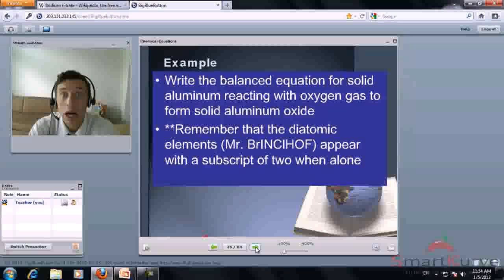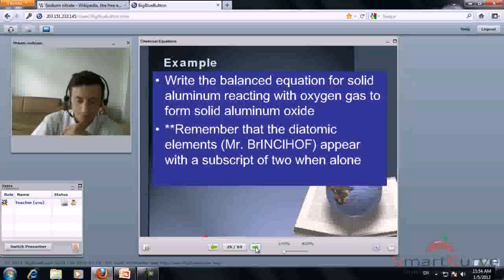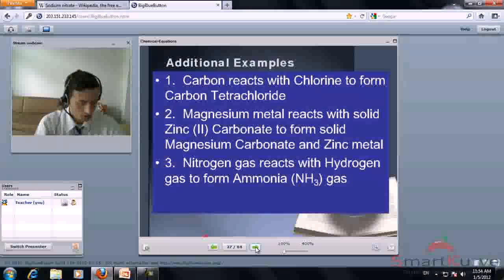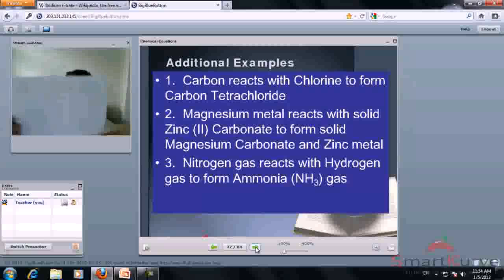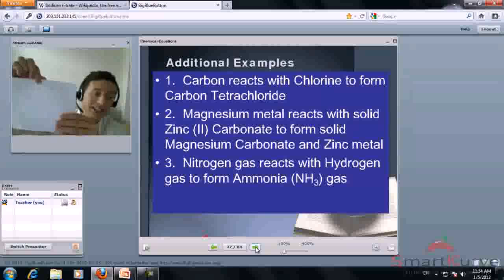Br for bromine, I for iodine, N for nitrogen, Cl for chlorine, H for hydrogen, O for oxygen, F for fluorine. All of these atoms will almost always be diatomic in nature. And we saw 2 of those in our chemical equation for water. Remember, the hydrogen and the oxygen are always going to be diatomic. They're always going to have a subscript of 2.